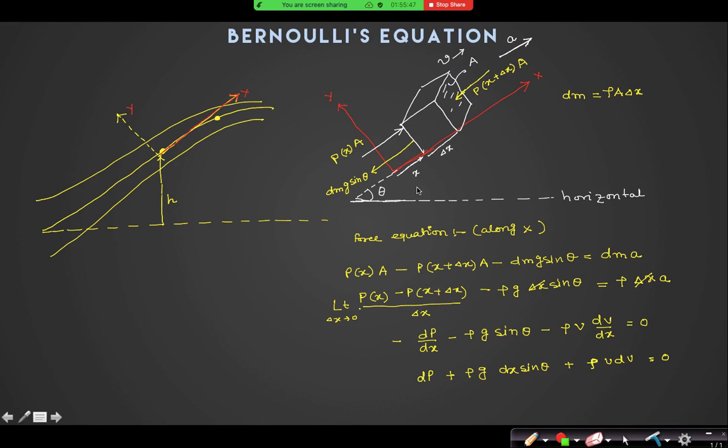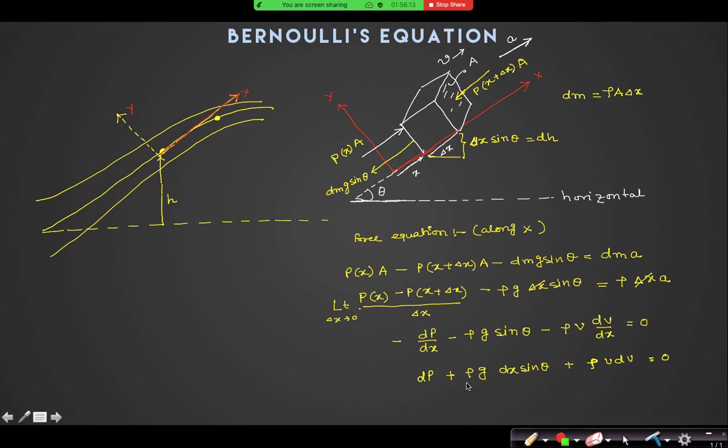Now, can you tell me what is dx sin theta? It is dx and this is theta, so dx sin theta is the height dh, because height was in this direction.